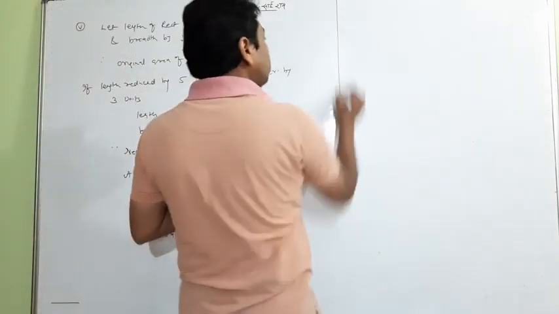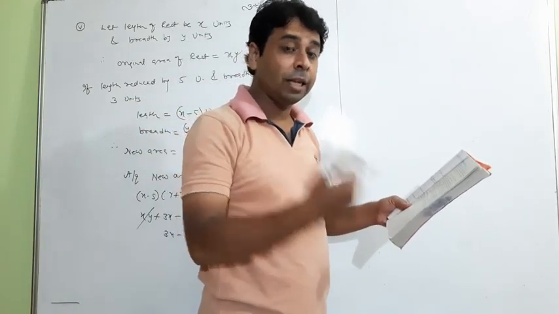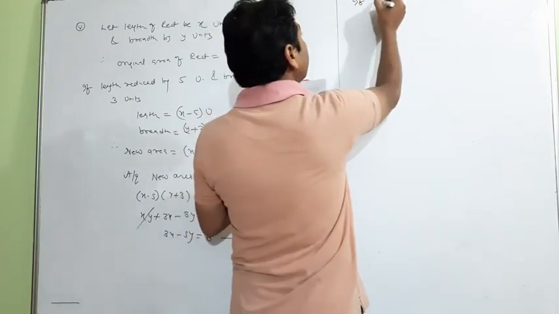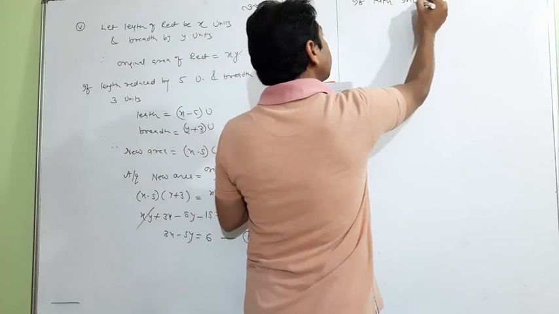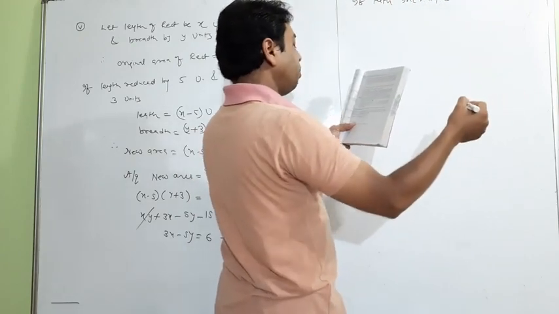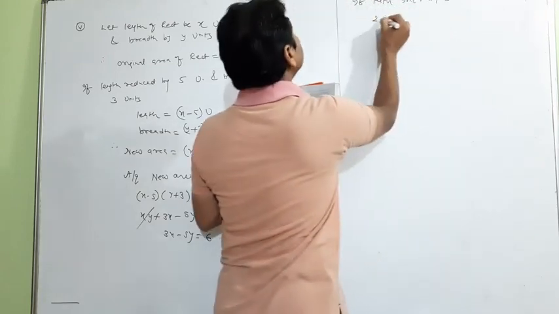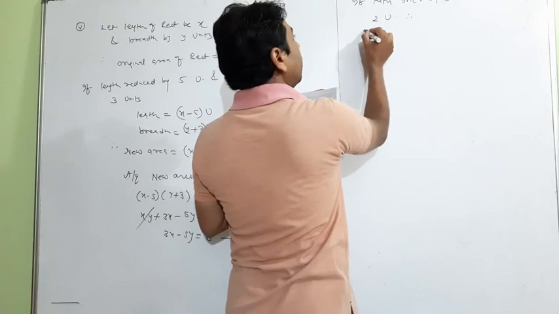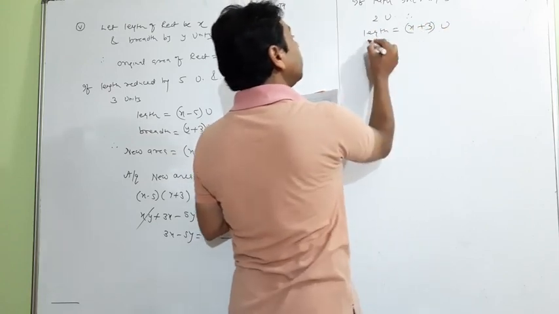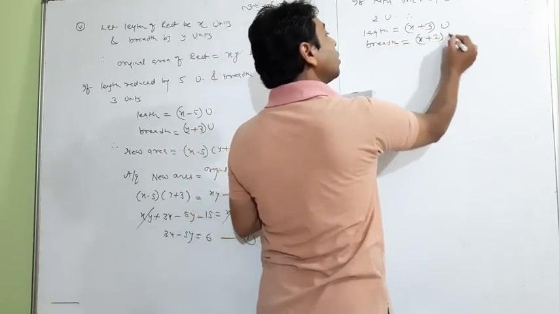Now according to the second situation, what if he increases the length again? Things change. If the length is increased by 3 units and the breadth by 2 units, the new length will be x plus 3 units and the new breadth will be y plus 2, both increased.